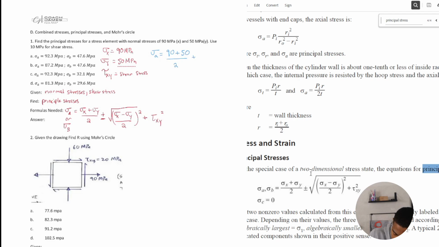Plus the square root of 90 minus 50 divided by 2, all of that squared, plus 10 squared. And this square root goes over everything, so it doesn't just stop. For sigma A, I get 92.3 megapascals.